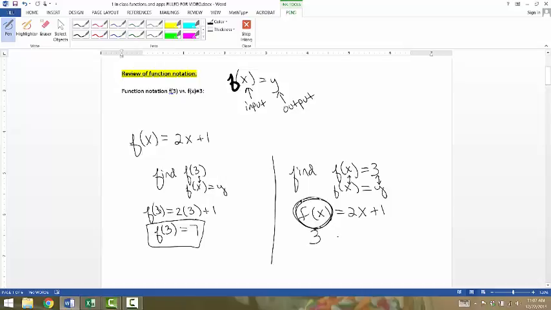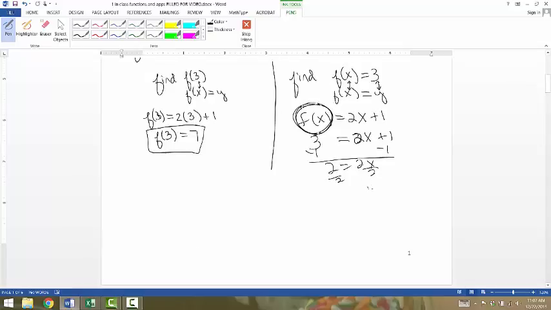So the whole left side of the equation, the whole f of x, becomes 3. 3 equals 2x plus 1. And now we need to solve this equation for x. So we subtract 1 on both sides, divide by 2 on both sides, and we get x equals 1. So if the y value is 3, then the x value is 1 on this function.